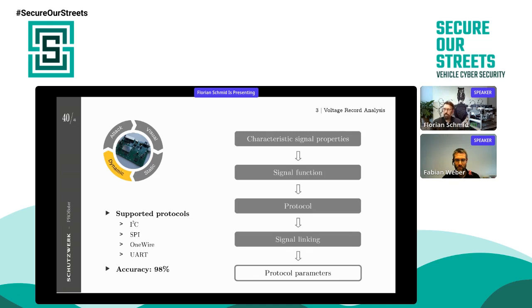From this information, it attempts to identify the underlying protocol, as well as linking the synchronous lines together, meaning that when you do have a synchronous transmission consisting of a clock signal and a data signal, to use characteristics of each of those signals and try to find those partners to get those together.